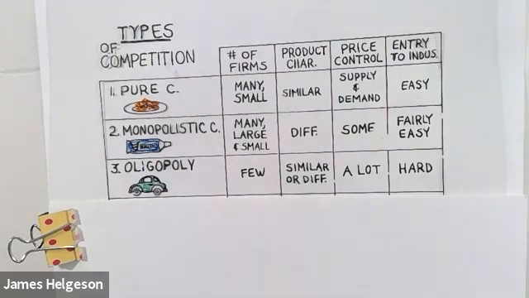A whole different set of brands and just a head-on picture of little sedans. Geez, they all look alike, okay? So they could be similar or different. You think about distinctive vehicles that stand out relative to the crowd. Price control, a lot of price control because there's so few competing options. And entry into the industry is hard because of the capital outlay.